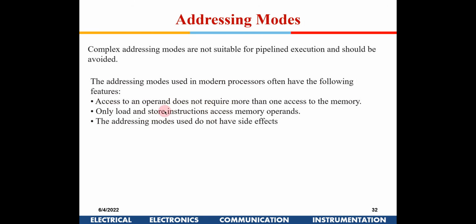From the memory it comes to the register, from the register it goes to the ALU, and from the ALU it comes back to the register, and from the register it can be stored into the memory. That is why, if you remember the MIPS instruction set, we had only simple load and store instructions, from one of our previous classes.